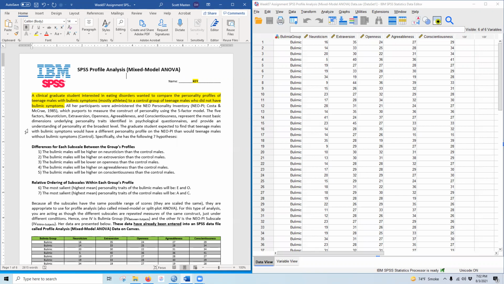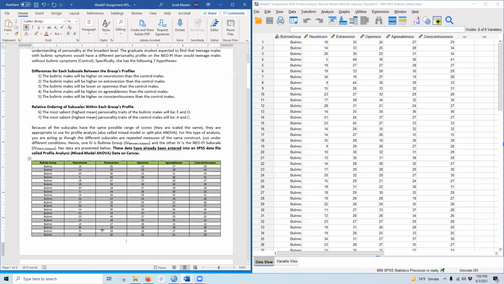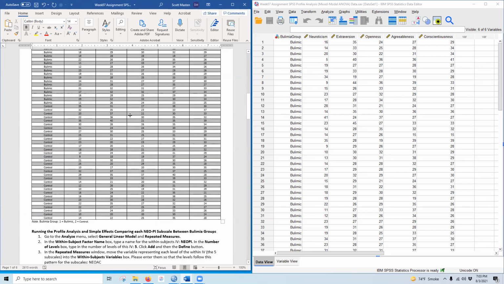They thought that the most salient, that is the highest or mean, personality traits of bulimic males would be extroversion and openness, that's E and O, and that the highest or mean personality traits of the control males would be agreeableness and conscientiousness, A and C. Because all of the NEO-PI subscales have the same scaling, the appropriate analysis that this person used was a profile analysis or a mixed model ANOVA.